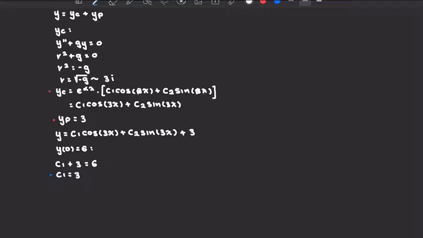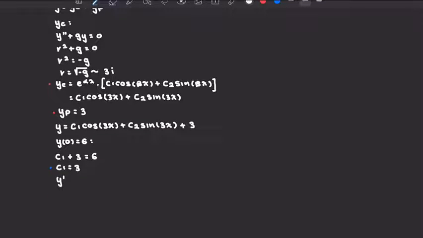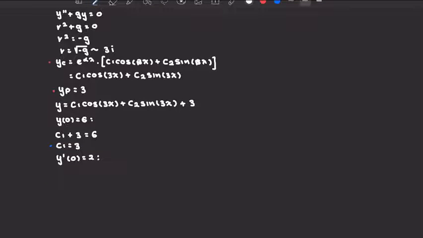Afterwards, we want to find our C2, and to do that, let's use our second initial condition, y prime of 0 equals 2. To find this, let's take the derivative of our general solution.